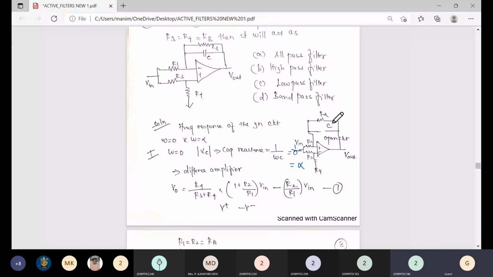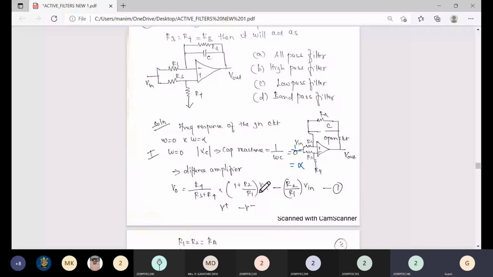For the difference amplifier, we write the gain R4 divided by R3 plus R4, into the gain of the non-inverting amplifier, 1 plus R2 divided by R1.